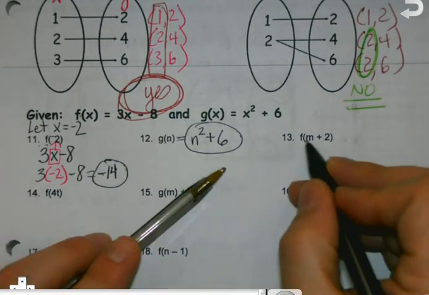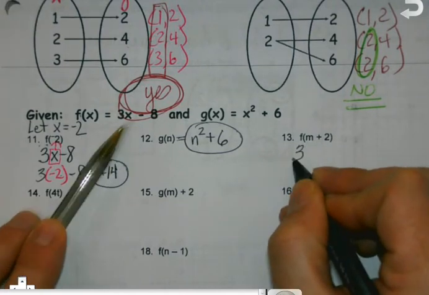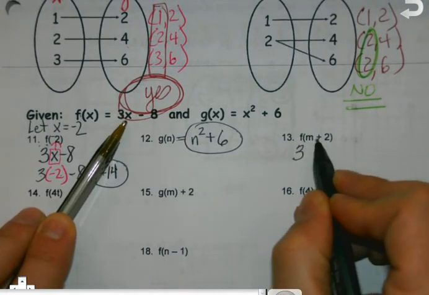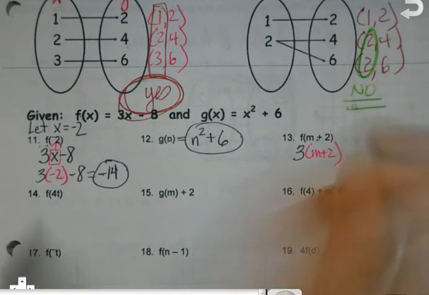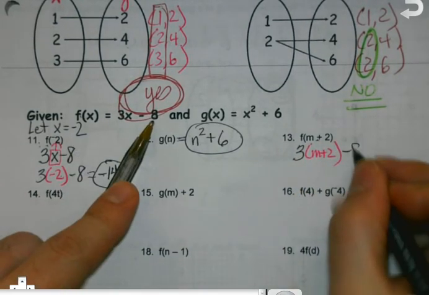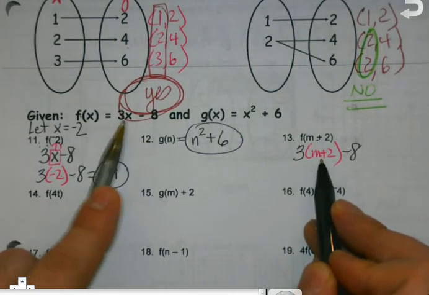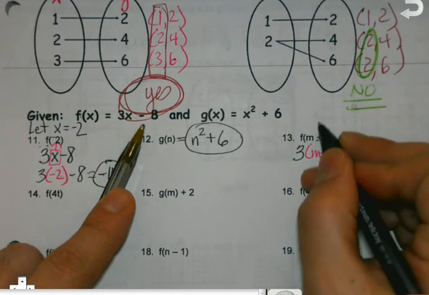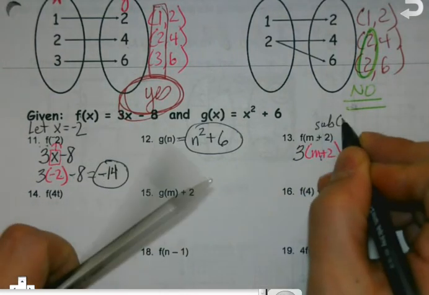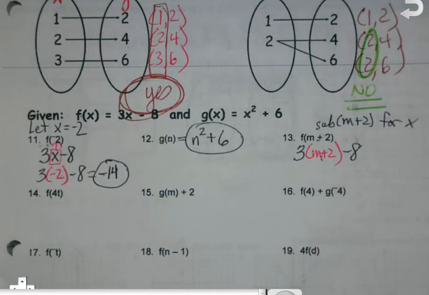So then I get to f. Okay, so here's f. So 3 times, oops, there's x, whatever's in the parentheses goes in for x, and I repeat everything else. Because this is really 3x minus 8, but what I'm going to do is substitute m plus 2 for where the x is at.